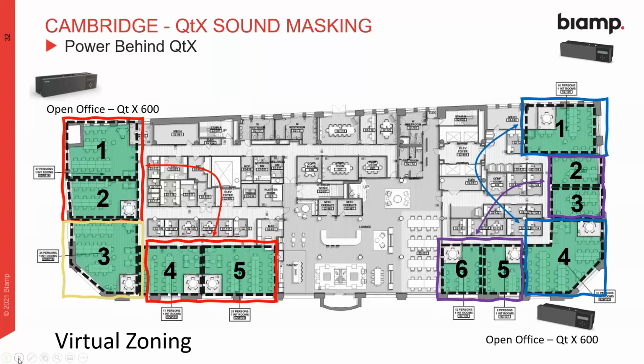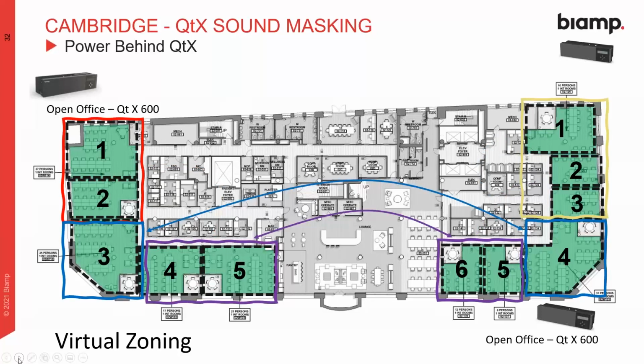And you can take it one step further, where we can actually tie outputs together from 2 separate processors to create a virtual zone. So if outputs 5 and 6 on the right and 4 and 5 on the left needed to be a virtual zone for the purposes of sending a page, background music, or control, you could bring those together and create a virtual zone.